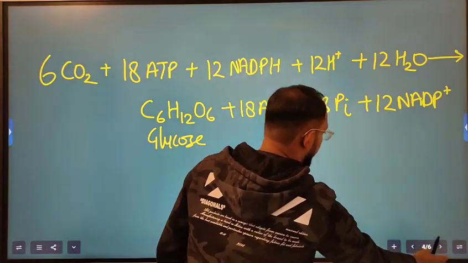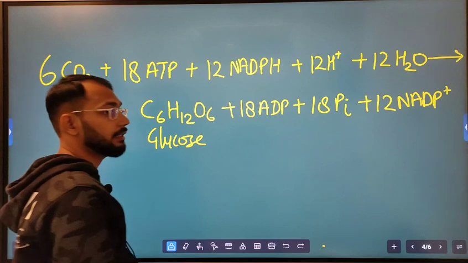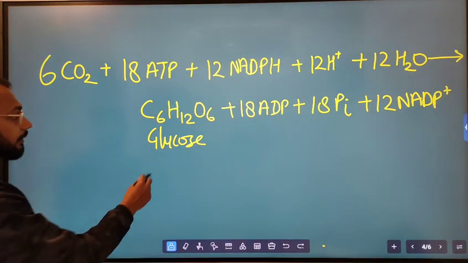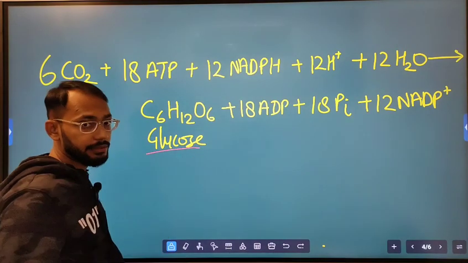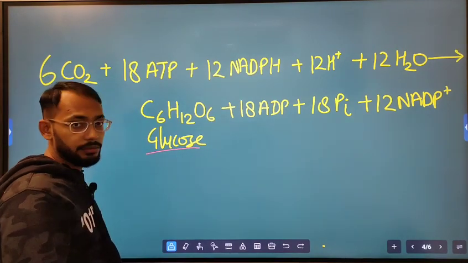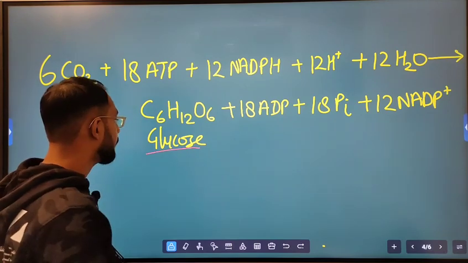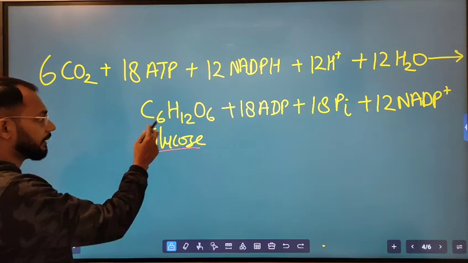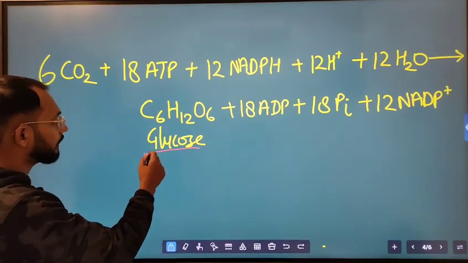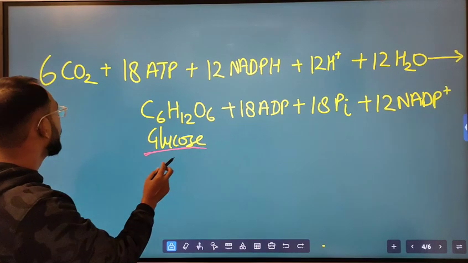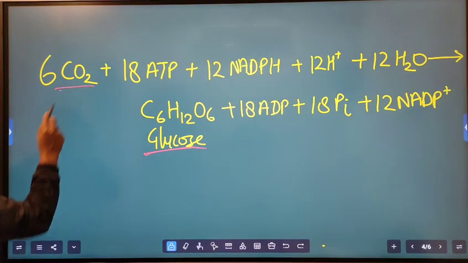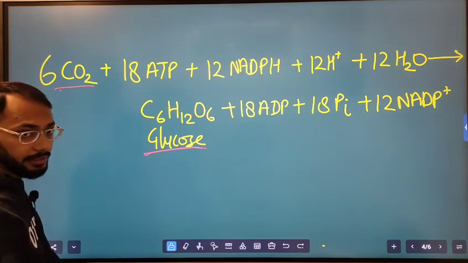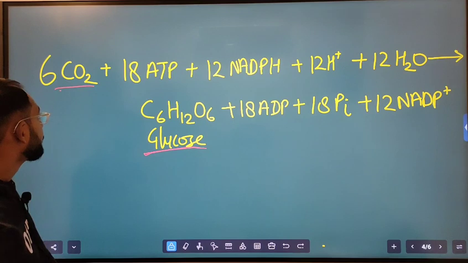Okay, so if we see the balance sheet of the Calvin cycle, Calvin cycle generates the glucose or other sugars. If we take the example of glucose, glucose has 6 carbon, C6H12O6. So to get one molecule of glucose, 6 carbon dioxide molecules have to be fixed via this Calvin cycle, or C3 cycle.